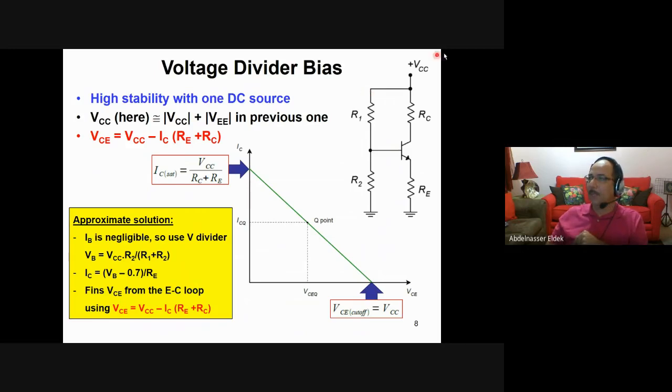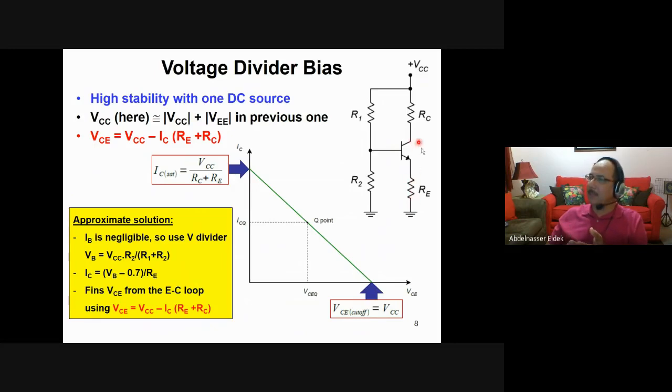Okay, what is the relation between VCE and IC? IC is a current and VCE is a voltage here. It's very clear that this voltage equals the source voltage VCC minus the voltage dropped on RC and the voltage dropped on RE.